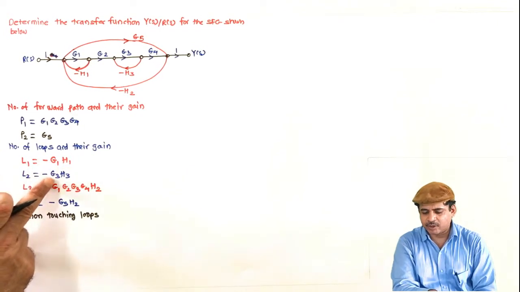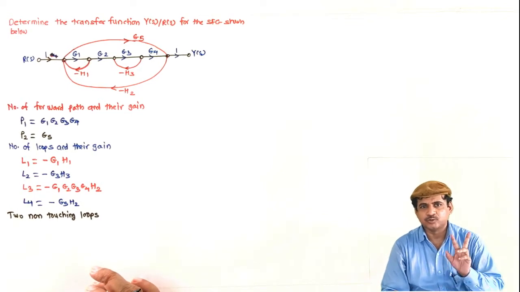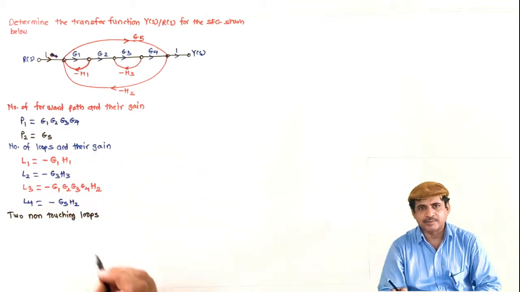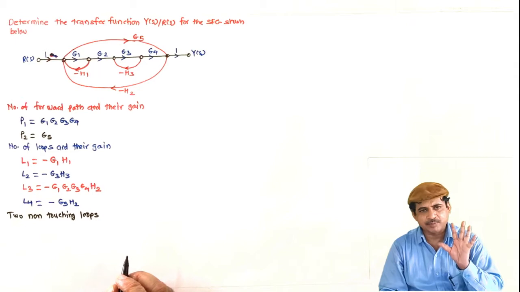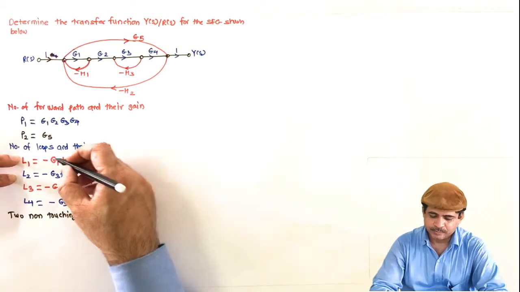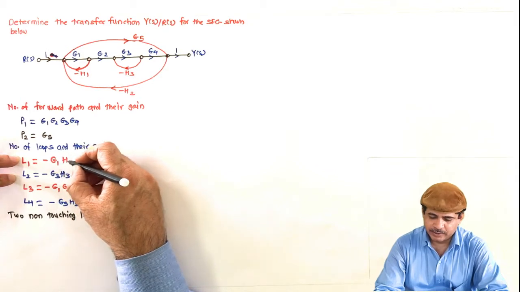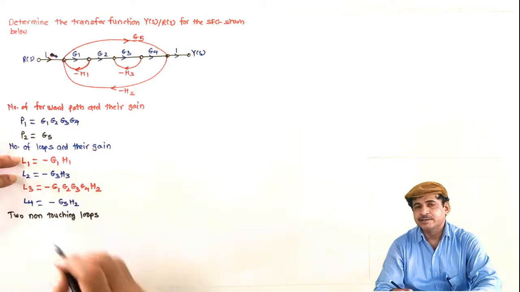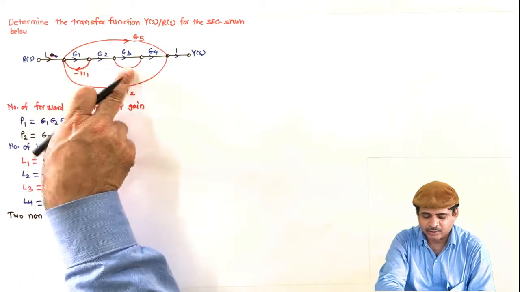If there is nothing common, then there is a possibility that those two loops are non-touching, because even if there is nothing common, still a branch with gain 1 can be common, but there is a possibility. So L1 L2, in L1 L2 this G1 H1, G3 H3, nothing is common, so they can be non-touching loops. So let us check. Yes, really they are non-touching loops.